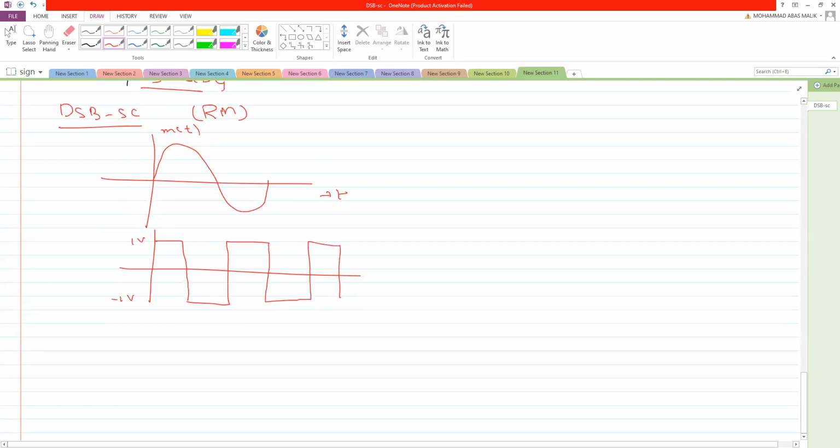Right? This is your t. How will you get the output? I will just draw the output. So the output in this case will be like this.